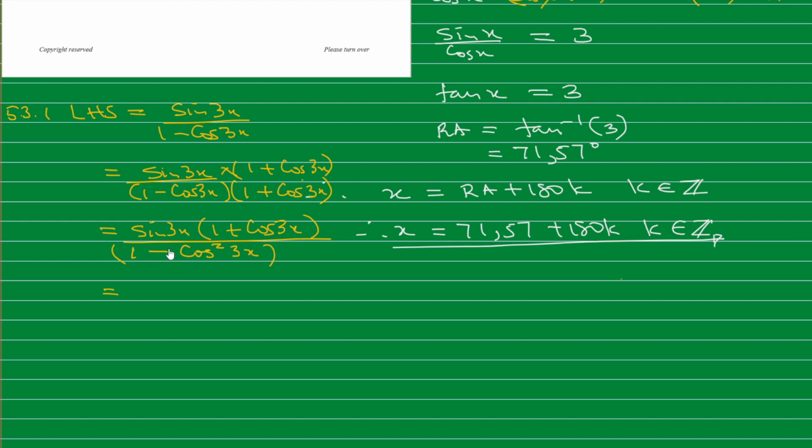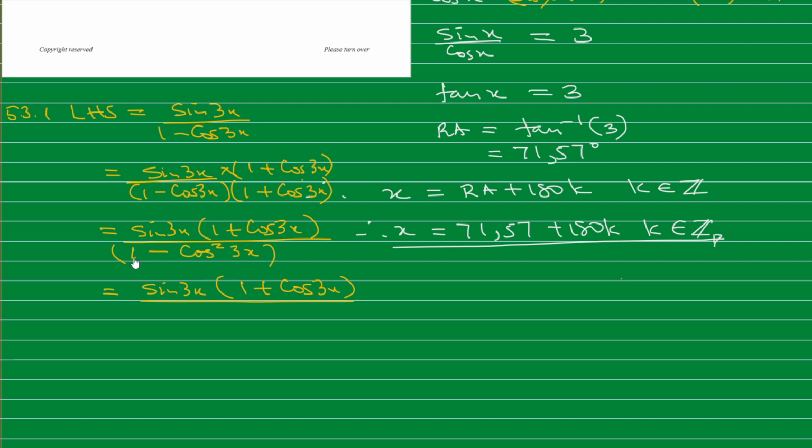After this step, the numerator is sine 3x times 1 plus cos 3x, over the denominator 1 minus cos squared 3x.